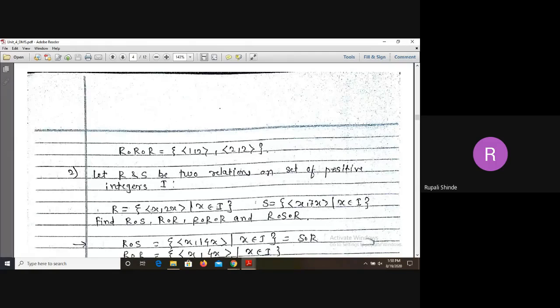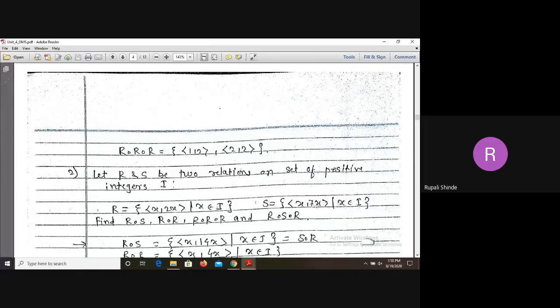Now the ordered pair for R is x comma 2x. Now we have to find an ordered pair in relation S such that the first element of that ordered pair should be 2x. Here in R the second element is 2x, and in S we need an ordered pair whose first element is 2x. But here that ordered pair is x comma 7x.